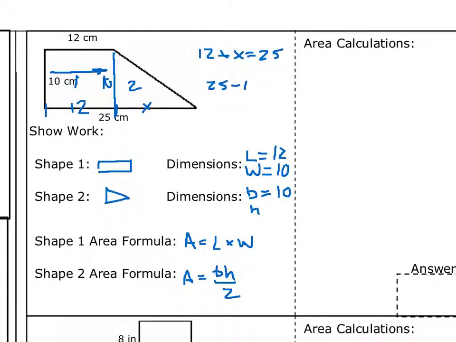So the height of our triangle is what? Fernando? 13.